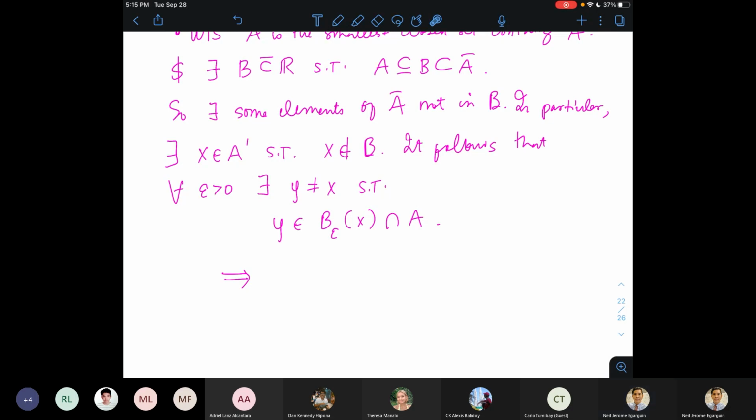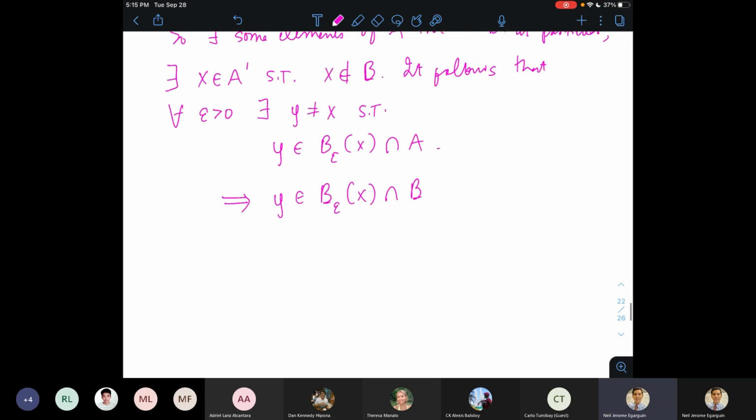Right? Si y ay na kay set B, si y ay nandito sa epsilon neighborhood. So we can say that y is in the intersection of the epsilon neighborhood around x and the set B. Okay, by virtue of A being a subset of B. Pero what does this statement tell us?